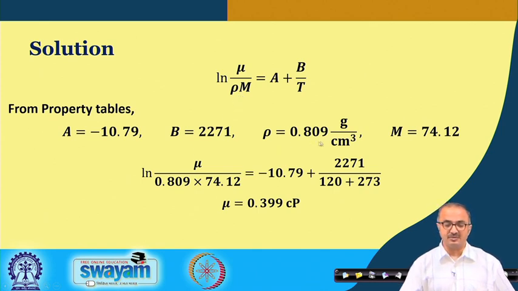Okay. Now, here you see that we have these values of these specific constants from some data source, and this is the density and this is the molecular weight. We simply plug in the values of all these in this expression and we get the value of the liquid viscosity. This is in terms of centipoise.